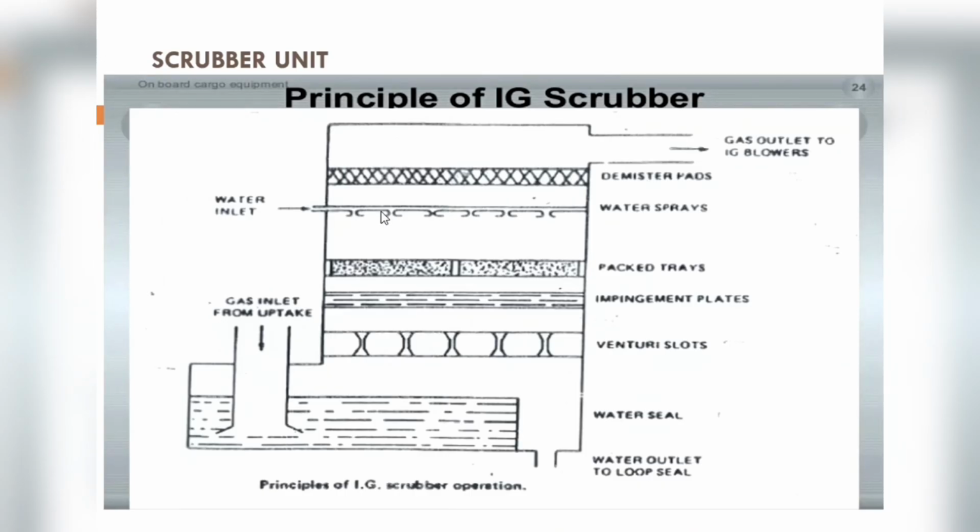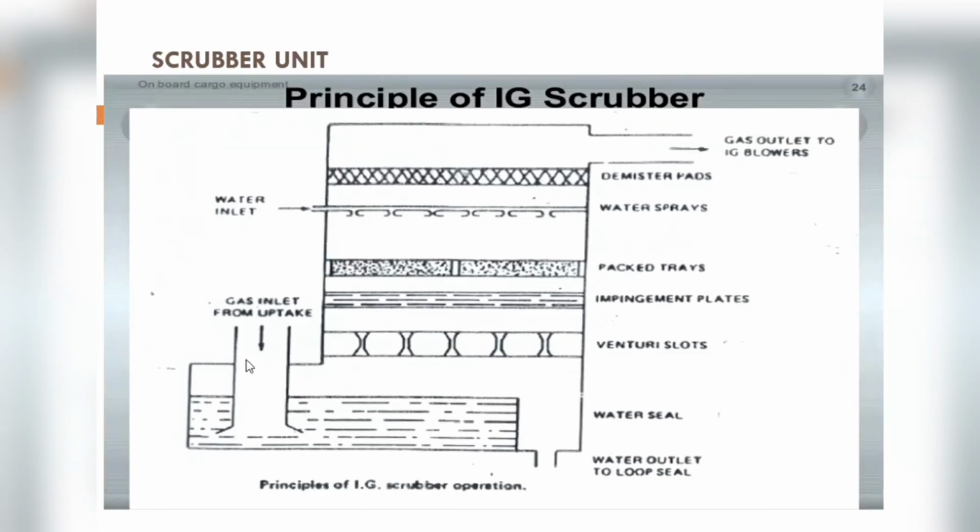There are so many jets, and all the water is coming down from here, and there is a drain line, and it is all drained straight overboard. This water comes down in the form of a spray or jets, and once it passes through different stages, it finally goes direct to the overboard. That's how the seawater travels in the scrubber tower.